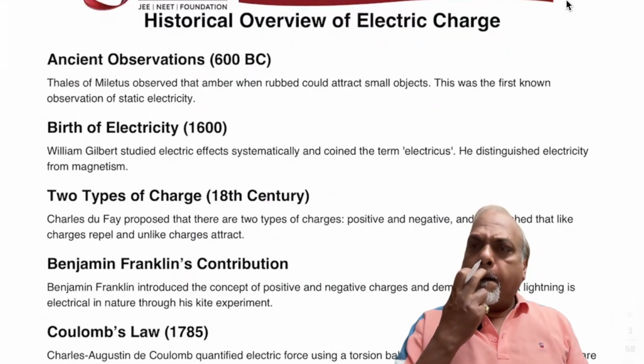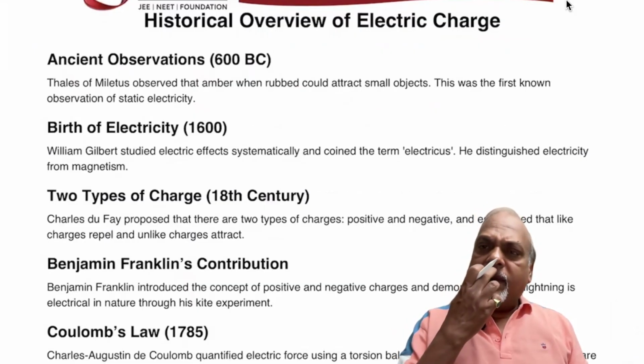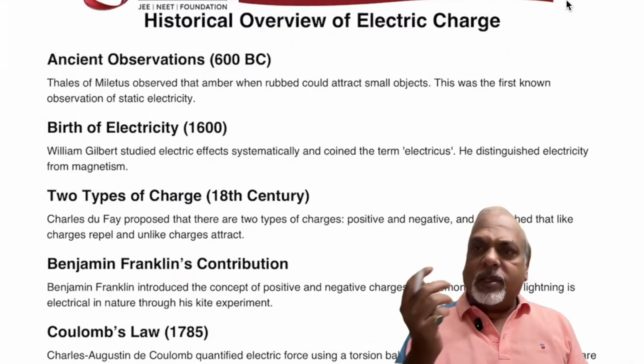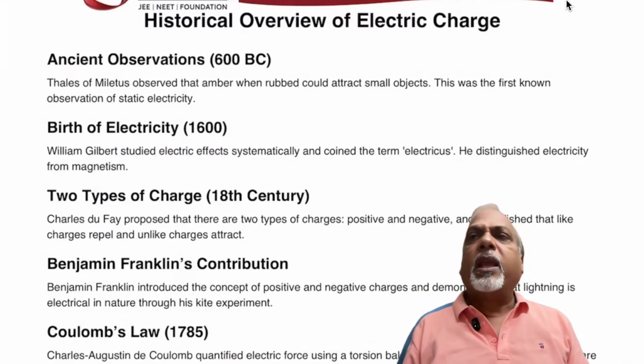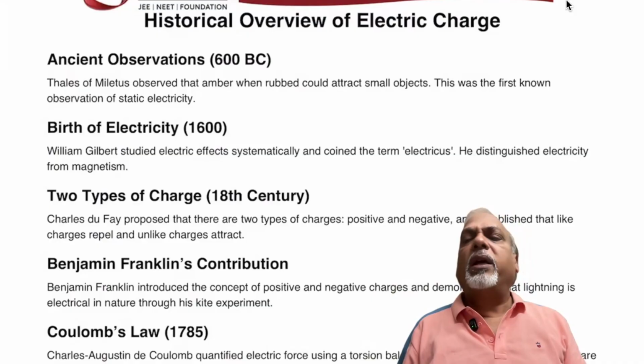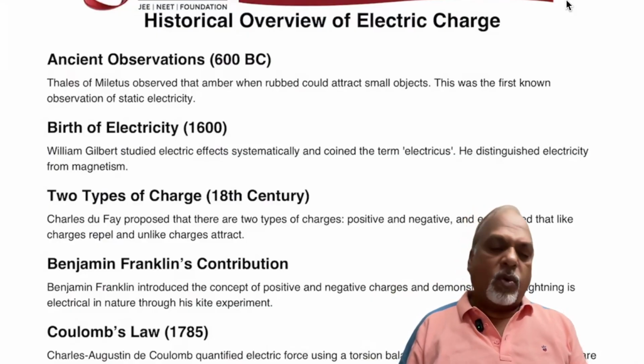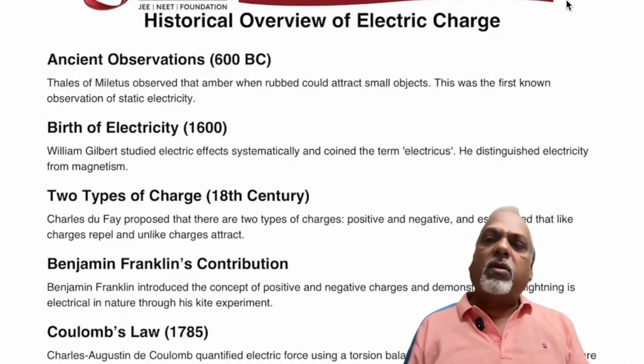Now let us see, before going to the detail of the charges, how they are behaving, what is the force and all, the historical overview of how the charge was discovered. That is most important. So it is not today basically.